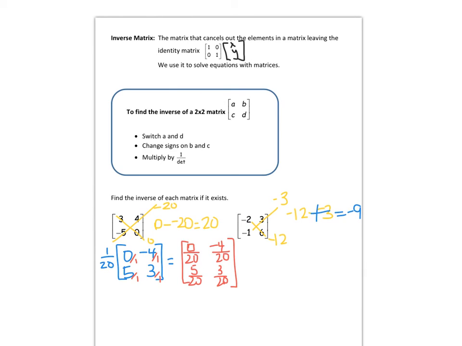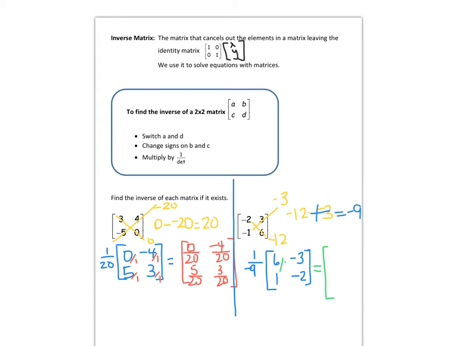So I have to do, better draw a line here, there we go, 1 over negative 9 times the negative 2 and the 6 trade places. The 3 and the negative 1 change signs. So negative 3, positive 1. And then we distribute.